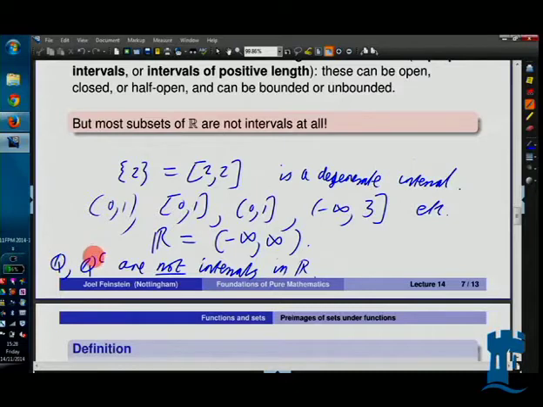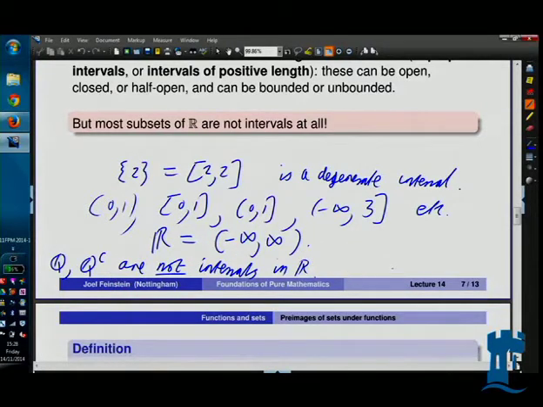And Q complement has got missing points at every rational number. And they're all over the place as well. So these are definitely not intervals. To be an interval, if you take any pair of real numbers in the set, everything in between should be in there as well. All real numbers in between are supposed to be in there. And that's how you characterize intervals in a sort of abstract way.